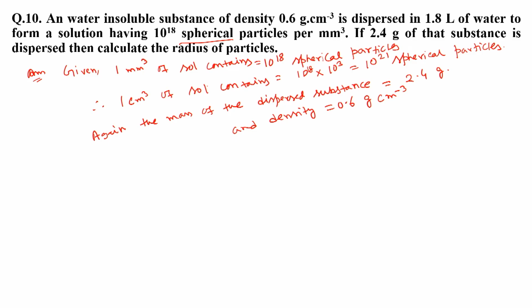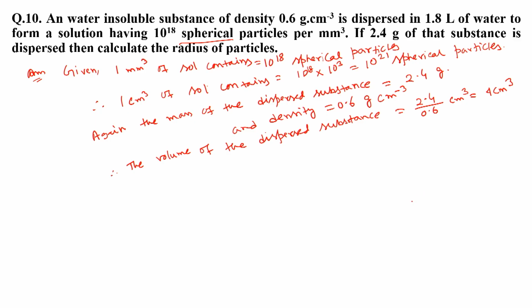So we can calculate volume from mass and density. Therefore the volume of the dispersed substance is 2.4 by 0.6 centimeter cube. If we calculate this, we get 4 centimeter cube. So this is the volume of the dispersed substance.